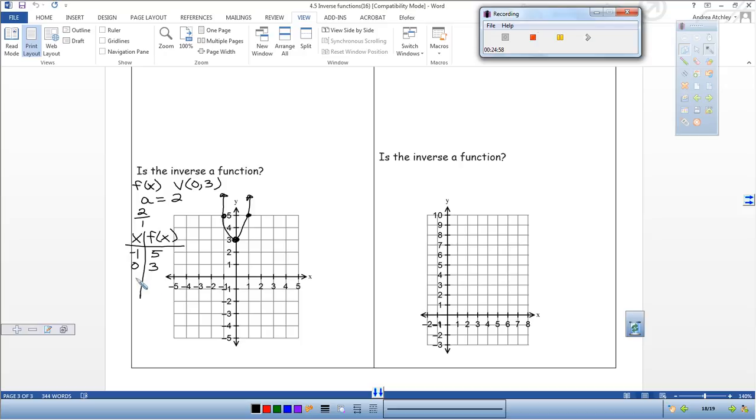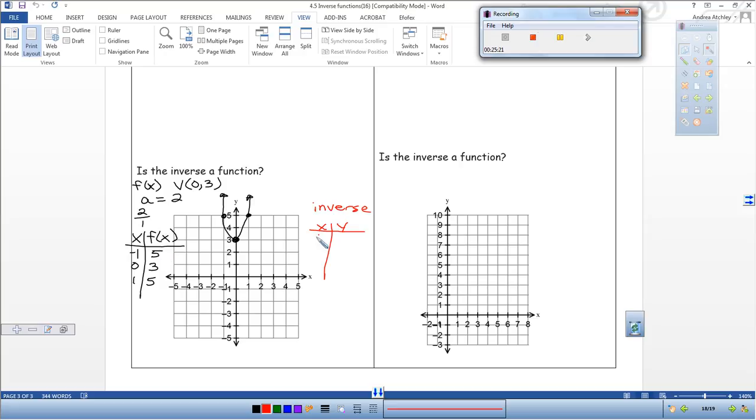The next one is 1 and 5. So then my inverse would be switching the ordered pairs.